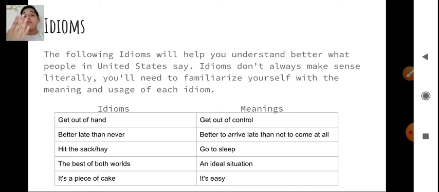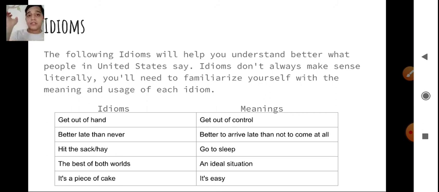We have number 4, guys. The best of both worlds. Okay, what does this mean, teacher? It means that this is an ideal situation. Okay, just imagine that you are comparing 2 things.